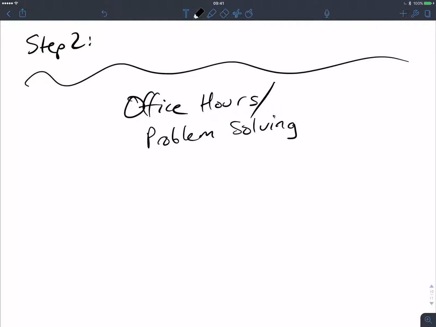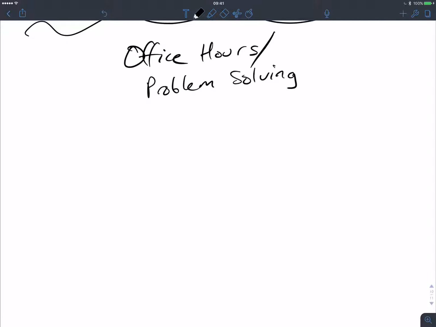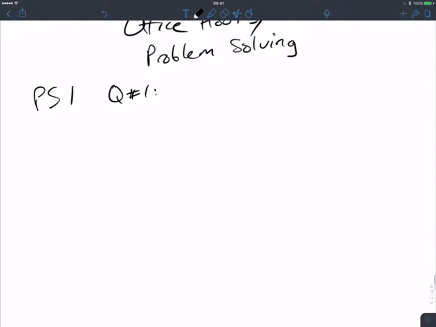So this is problem set 1, question 1. So do you need help on how to do addition? No, I'm kidding. So let's think about what possible inputs a DFA would see.